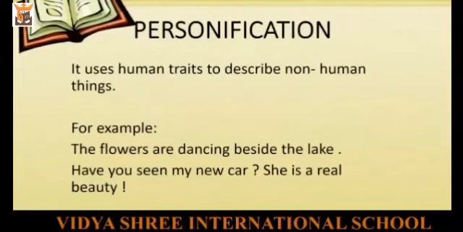In general, dancing is a trait of human beings. But here, this trait is given to a non-human thing, that is flowers. In this example, flowers are dancing. So, the author has used the literary device personification.